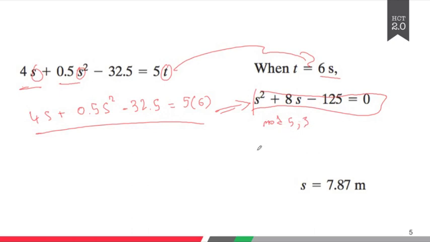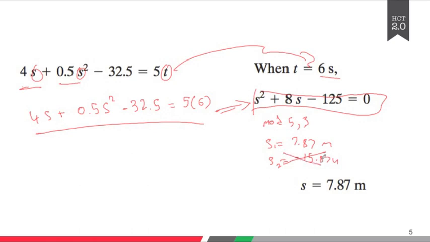And we result in two answers, the first one being s equal to 7.87 meters, the other one being s equal to minus 15.87. So we end up with two values, one is positive and one is negative.